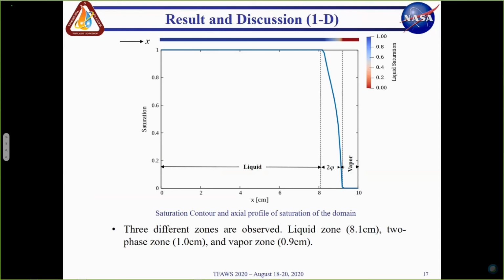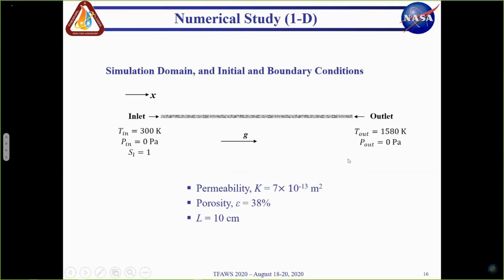Yes, because the semi-analytical model, which is developed on the local thermal non-equilibrium approach, found their vapor length to be around 2 centimeters, and for our case we have found only 1 centimeter. And yes, this thickness is reasonable.